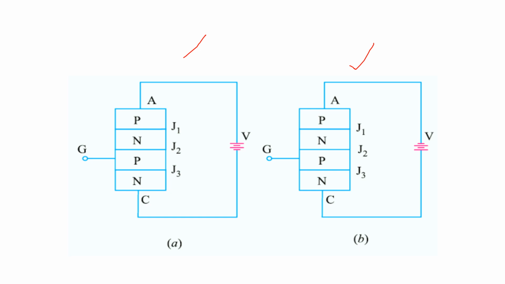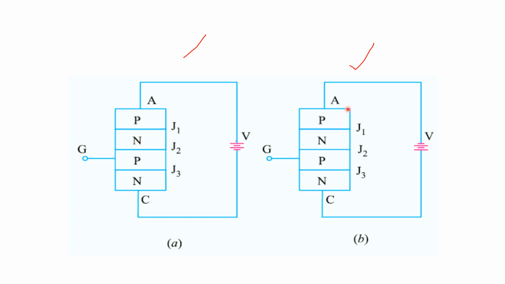When the anode is connected to the positive terminal and the cathode is connected to the negative terminal, junctions J1 and J3 will be forward biased, but junction J2 will be reverse biased.